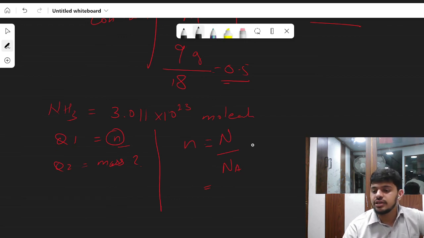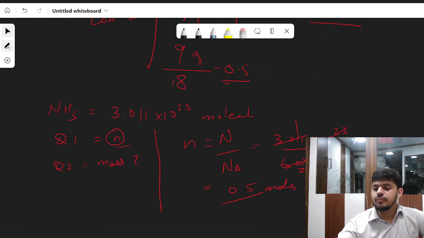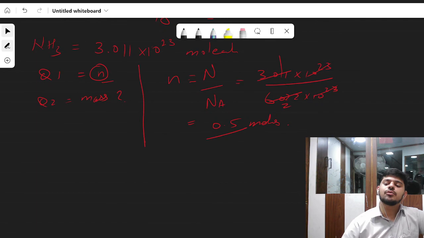It's simple, guys. See, 3.011 multiplied by 10 to the power 23 divided by 6.022 into 10 to the power 23. The 23 cancels. This is 1, this is 2, so it will be 1 by 2, so it is 0.5. 0.5 moles.